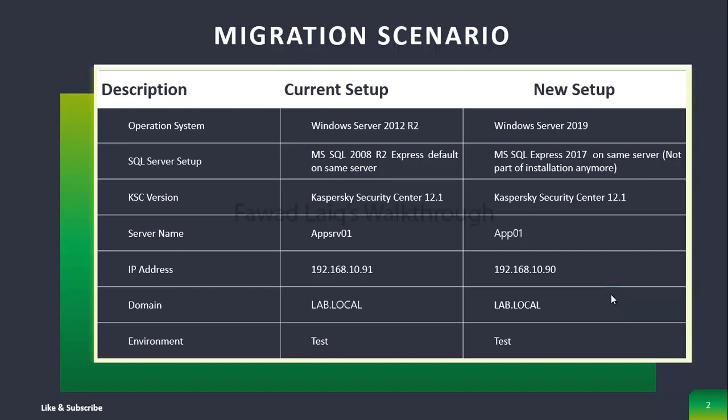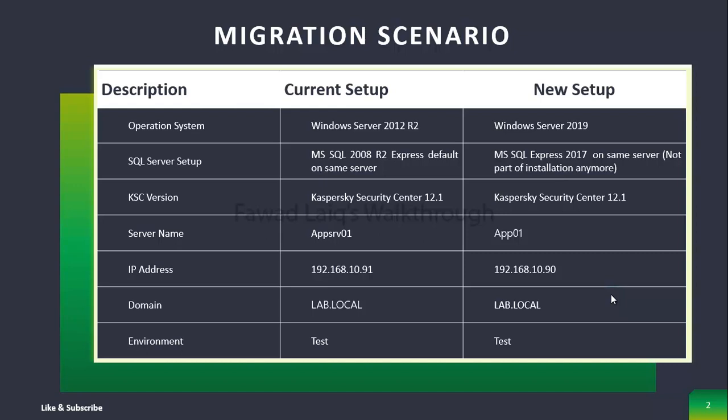So the operating system which I'm using currently is 2012 R2 and the new server has 2019. SQL server, we have MS SQL 2008 R2 Express, which was a default SQL server along with my Kaspersky Security Center 10. I upgraded it to 11 and 12, so it remains same.